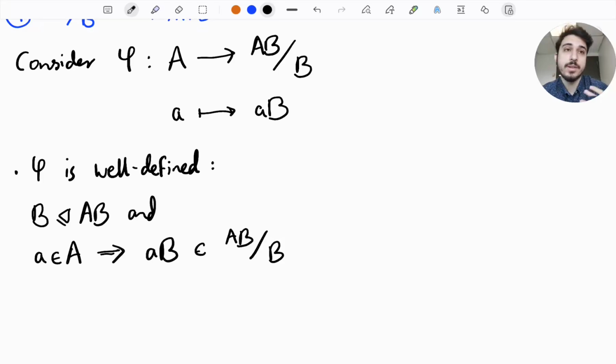In other words, if we take a coset aB, we're not going to be outside the subgroup AB. We're going to always be taking an element in AB times B. So it is very well defined as a map.